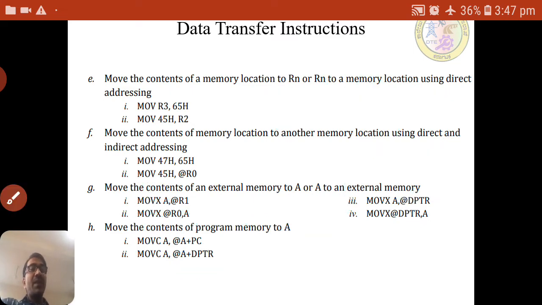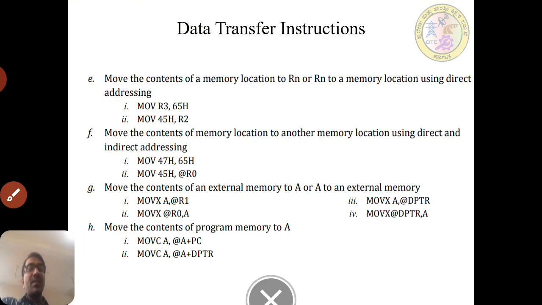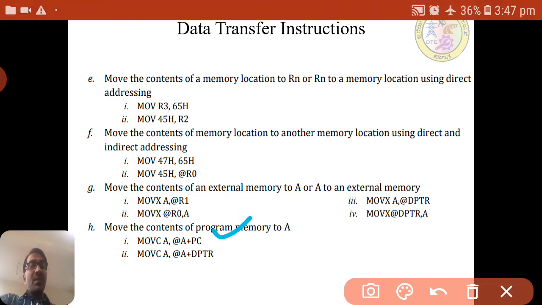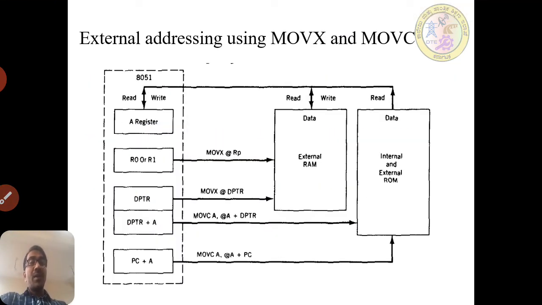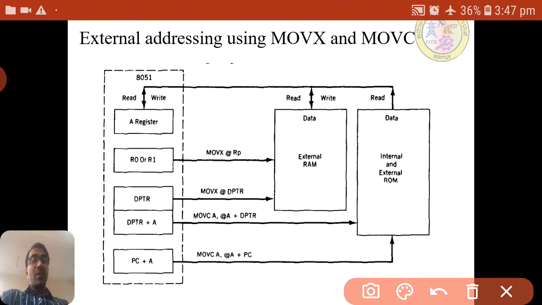If you are using PC, then we need to use the instruction MOVC A, @A+PC. If you are using DPTR, then MOVC A, @A+DPTR. So this is the transfer of data from one place to another using the MOV instruction.